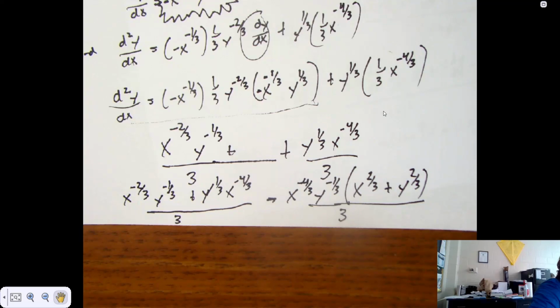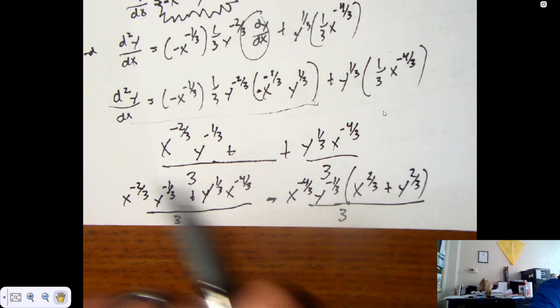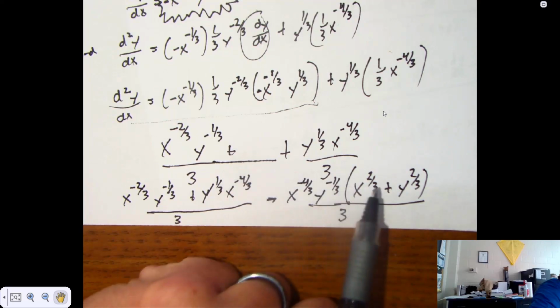Does that make any sense? What I did is I factored out an x to the negative 4/3. And factoring is basically like division. When you divide things with exponents, you do subtraction. So a negative 2 minus a negative 4 makes a positive 2 there.